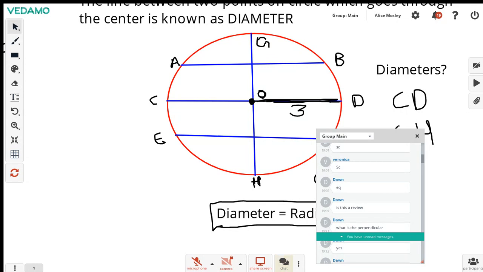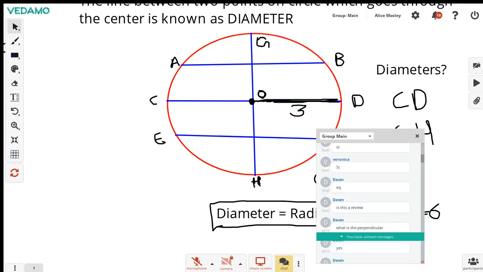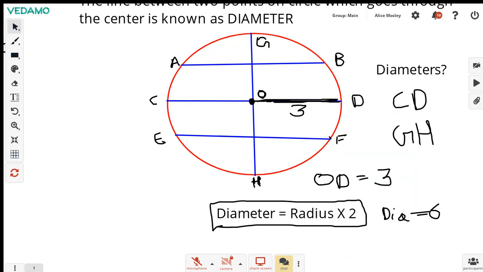So the radius is 3. Now the diameter is 3 multiplied by 2, which is 6. So the diameter is equal to 6. Mr. Raymond, I hope you are with me and you can hear me, and how we found the diameter to be 6.